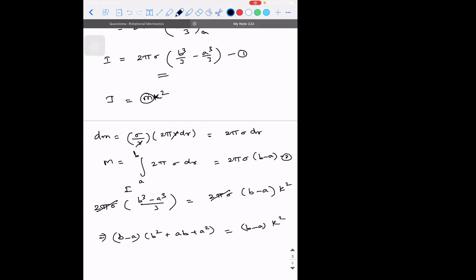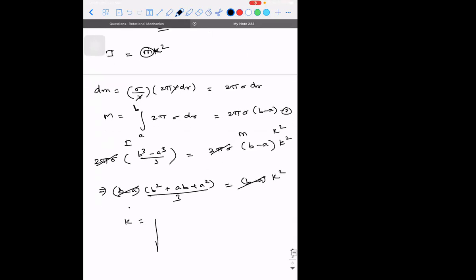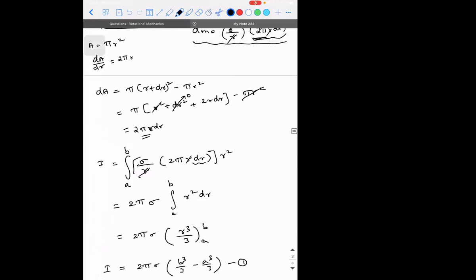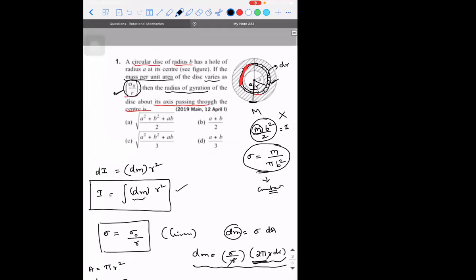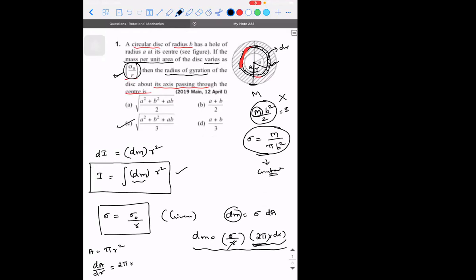This is I, this is M into k square. So b minus a will get cancelled and you have a 3 in the denominator. So what is the value of k? K is equal to root of b square plus ab plus a square, the whole divided by 3. This is the answer.